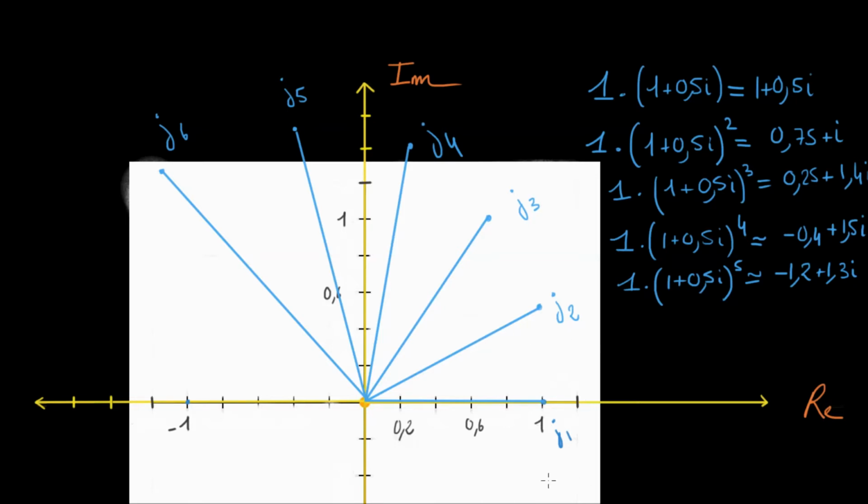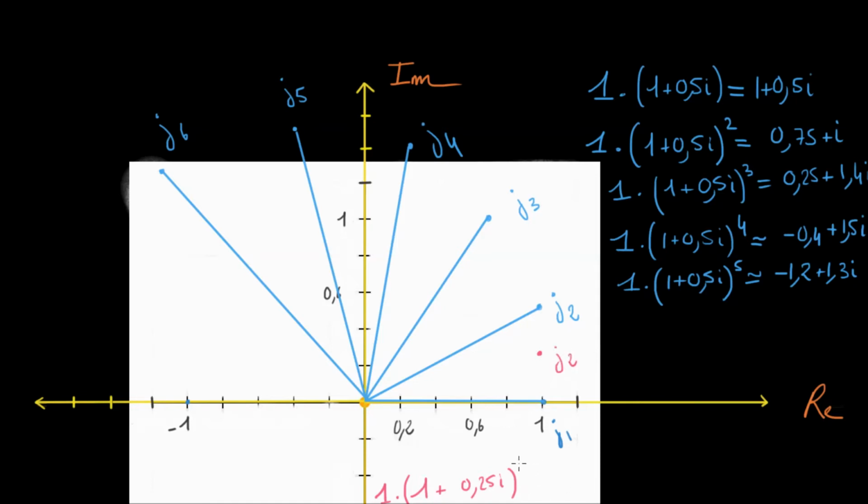Only this time we'll be using the complex number 1 plus 0.25i. So 1 times 1 plus 0.25i will be obviously equal to 1 plus 0.25i. So the particle will sit somewhere around here. So this will be position 2.